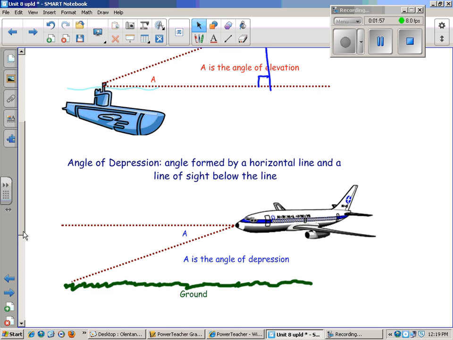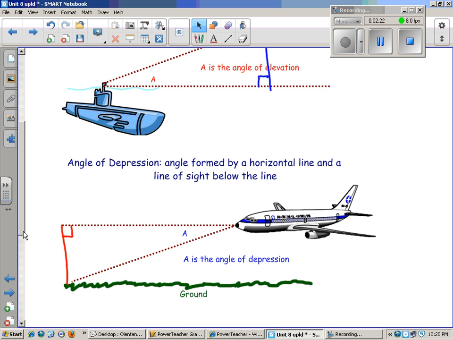And again, we can draw a line, make a right triangle. But like I said, the hardest thing for kids to remember: angle of elevation is horizontal up, horizontal down is depression. For some reason, that messes people up.